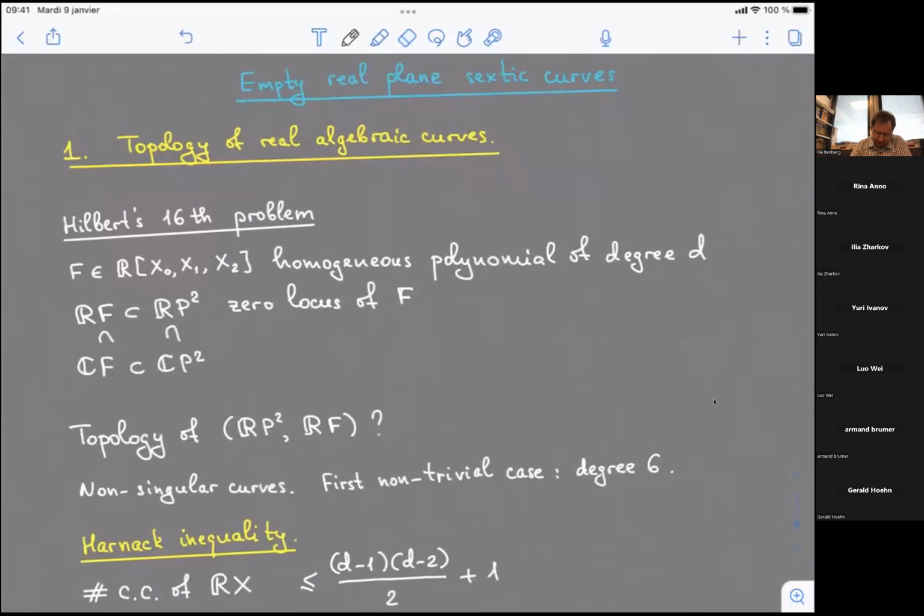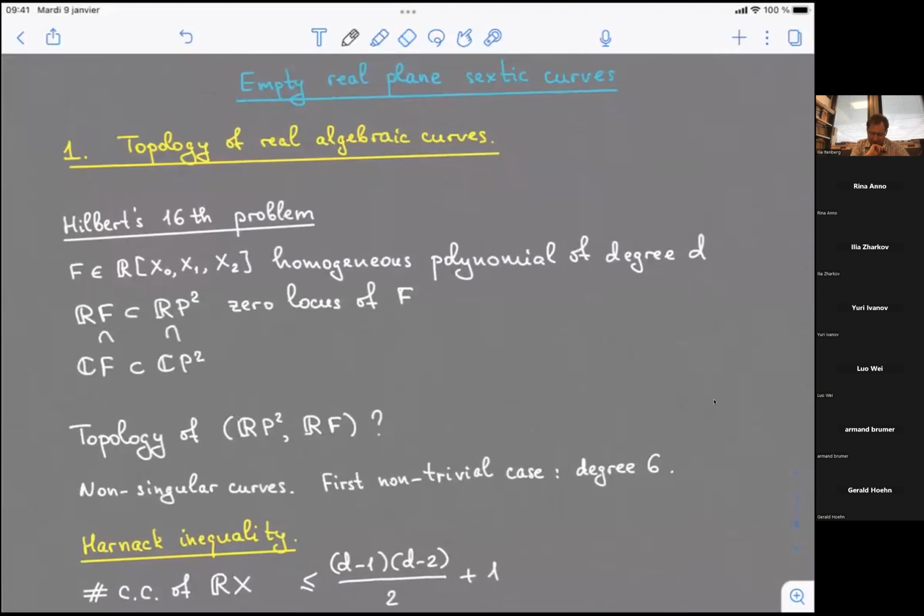So if you assume that the curve you are considering is non-singular, meaning that this polynomial f does not have critical points outside of the origin in C3, so I'm excluding not just real singularities, but also complex singularities.